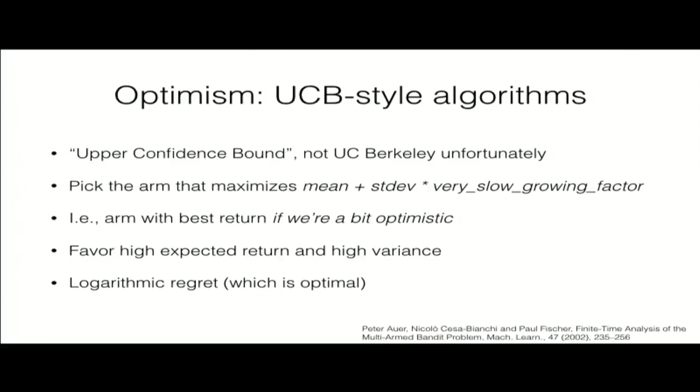For each arm, you've chosen that arm a certain number of times, and you've gotten a certain mean return from that arm. So you'd like to choose the arms that both have high rewards and also have high uncertainty, or the ones that have been chosen fewer times, because those might end up turning out to be good.